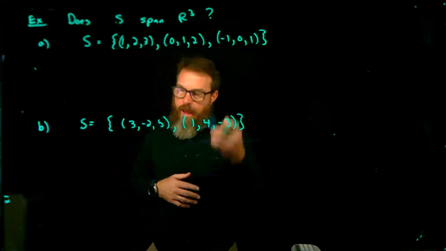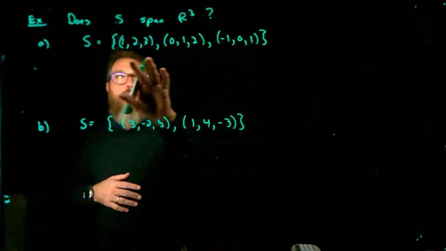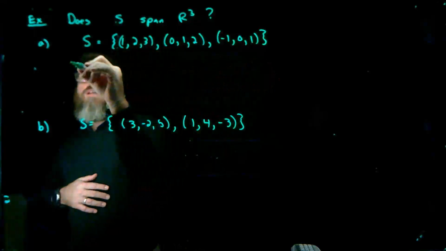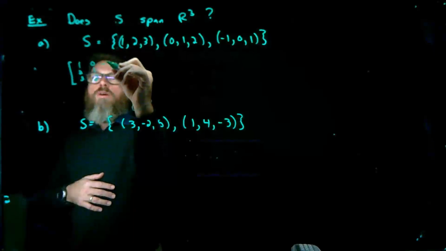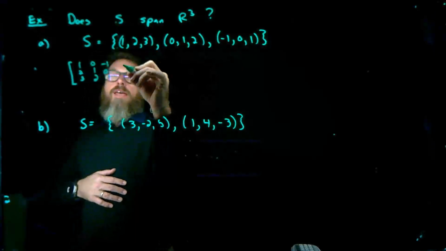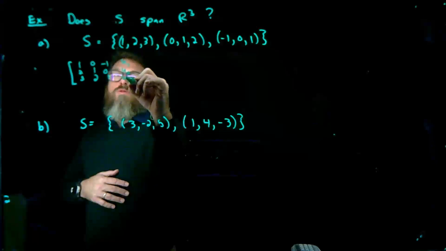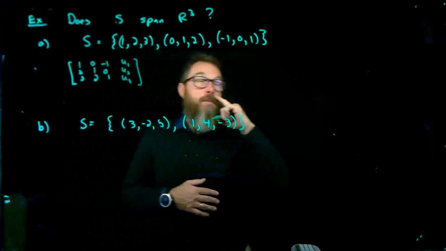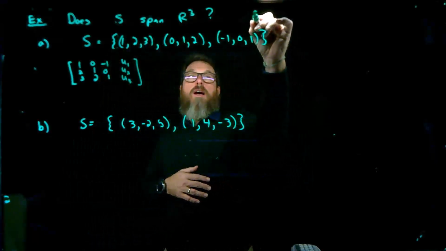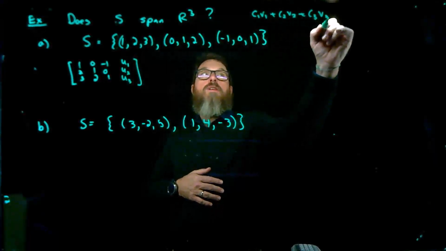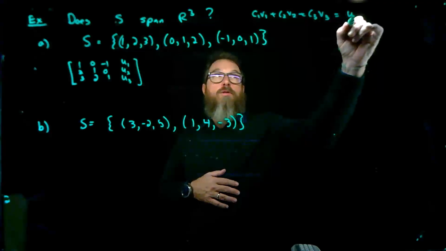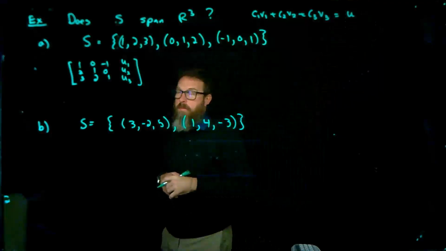We can write this out like we did before. I know this is going to be set up as 1, 2, 3, 0, 1, 2, negative 1, 0, 1, and this is going to be equal to U1, U2, U3. Because remember, to determine if something spans, I have to show that C1 V1 plus C2 V2 plus C3 V3 is equal to any vector U in R3.